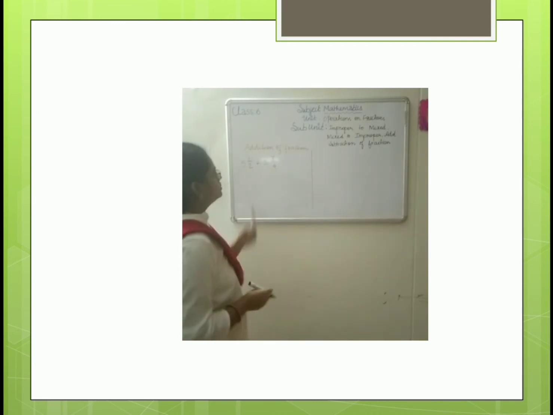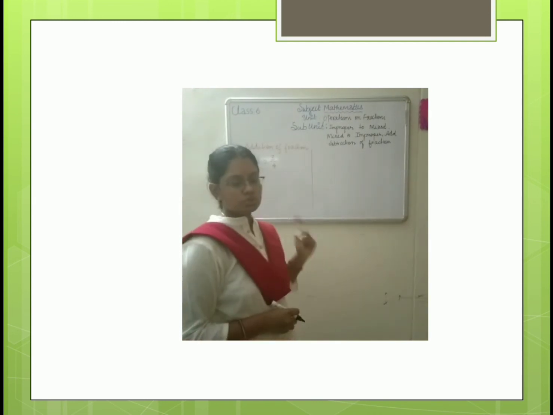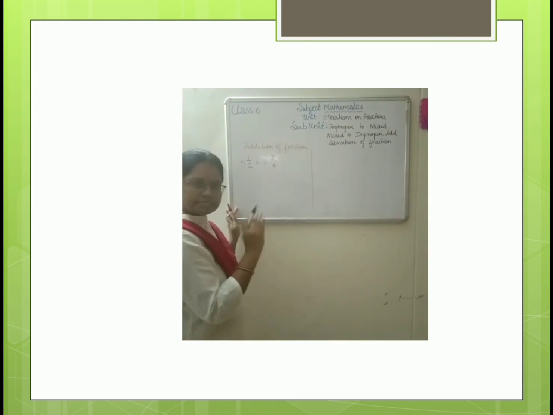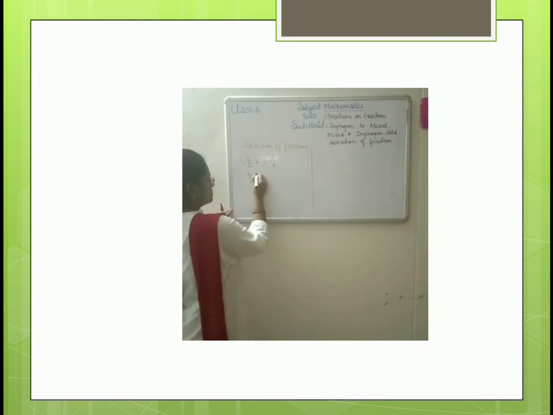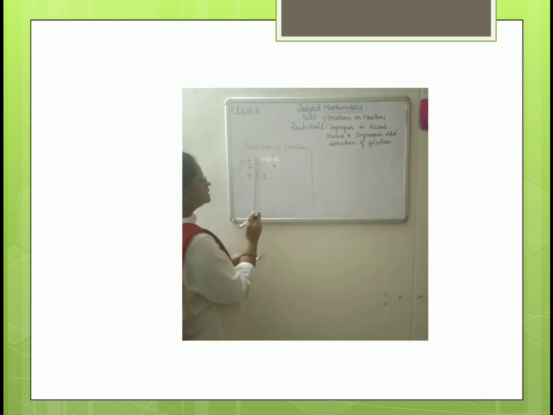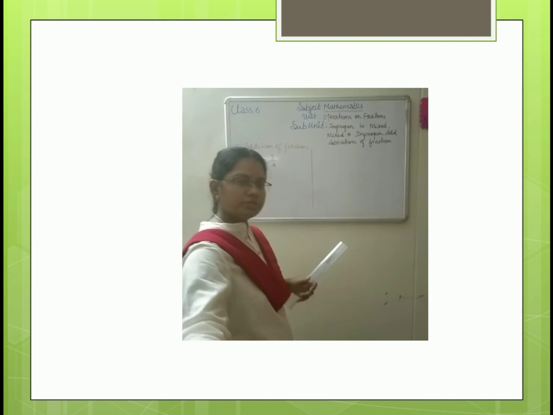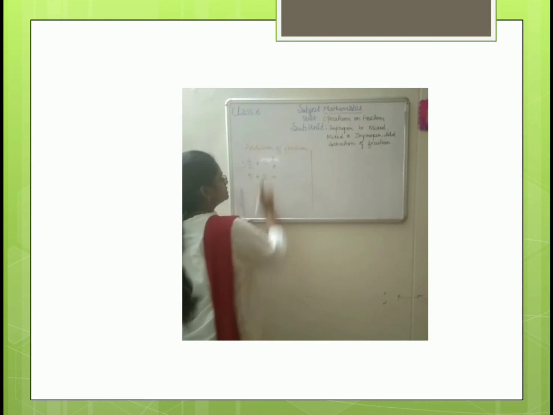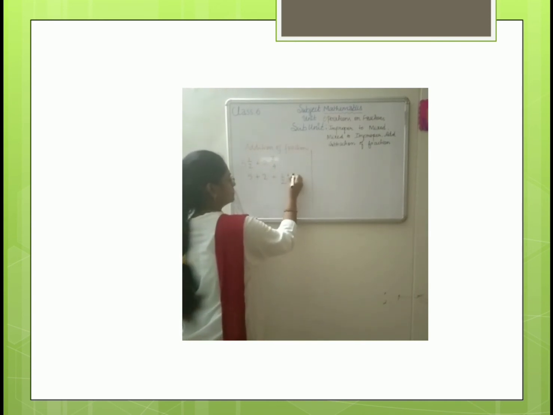You are going to take the whole numbers separately. These are the two whole numbers, 5 and 2, and we are going to take them separately, plus the fraction part, 1 by 2 plus 3 by 4. Okay, now we are going to add these two.